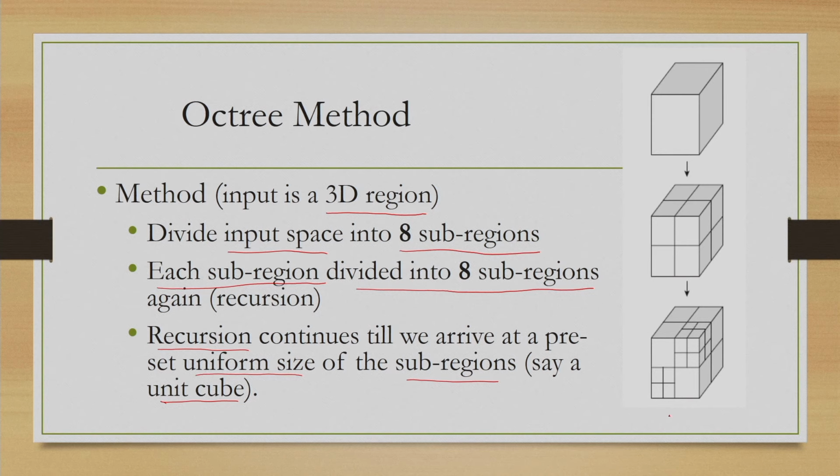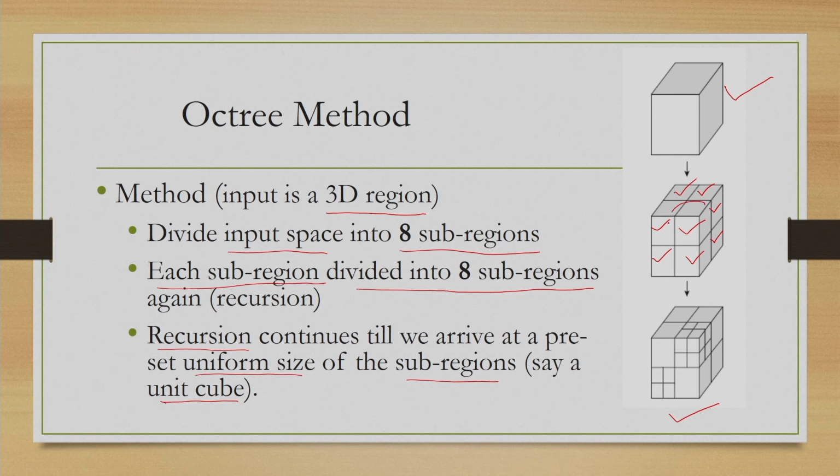An example is shown in this right hand figure. So, this is our initial 3D region. Now, as you can see, we have created 8 subregions from here. This is 1, 2, 3, 4, 5, 6, 7 and 8.